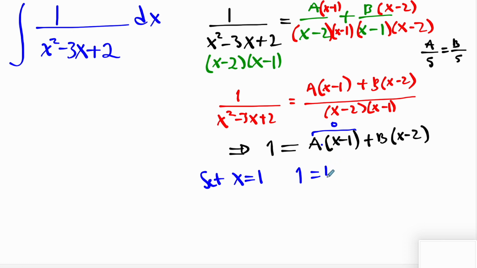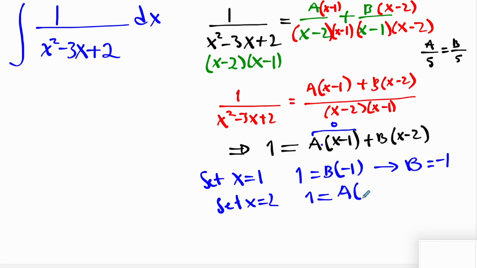And this will result in b being negative 1. If you set x equal to 2, 1 will equal a times, what's 2 minus 1 here, which is 1, and this will result in a being 1.